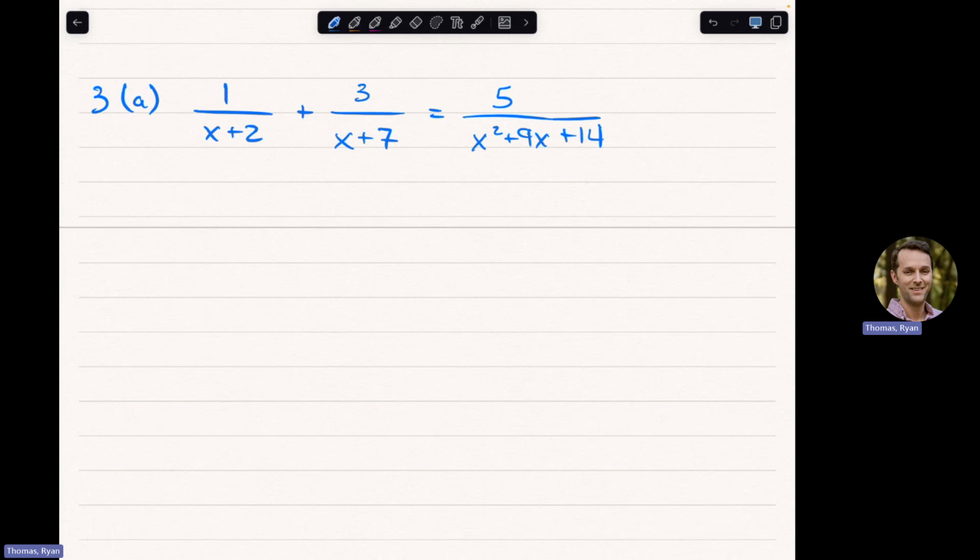X plus 11, 3, 6, 5, 1, 3. Yeah, it's linear.